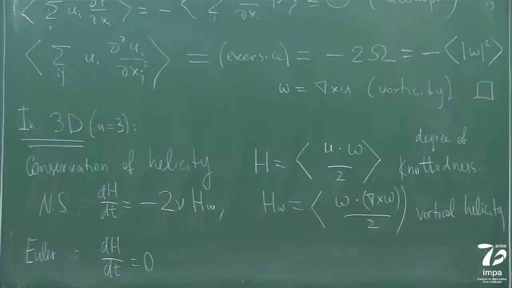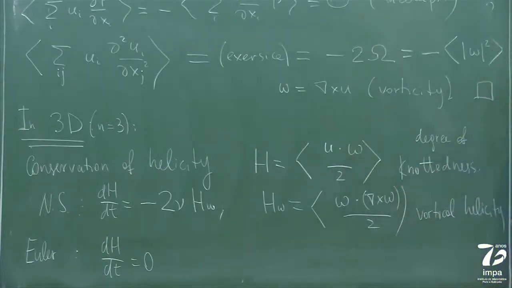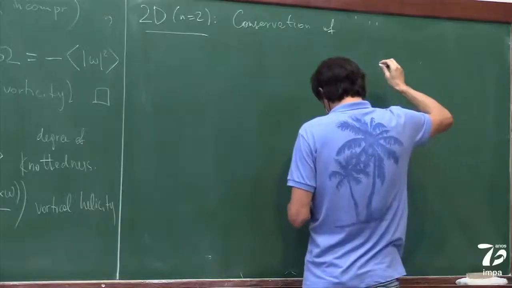Essentially, in 2 dimensions they're orthogonal, so it's 0, because u is in a plane, and omega, you consider it as a scalar, but if you want to consider it as a vector, it should be a vector orthogonal to the plane. But what you have is conservation of entropy.